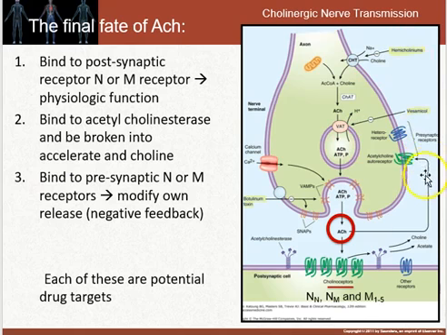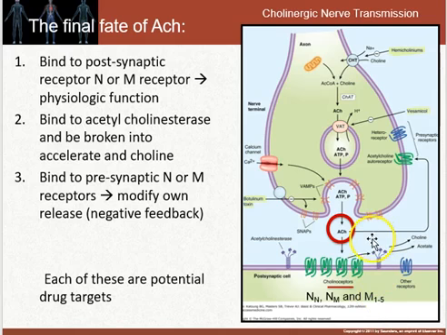All right, and this is basically depicting what I showed you. There are a few drug targets here that can interfere with the synthesis and some of the biochemistry of acetylcholine. We're not going to talk a lot about these types of drugs. We're going to focus on the drugs that have profound effects within this synapse right here. These drugs would either potentiate or antagonize the effects of acetylcholine on either nicotinic or muscarinic receptors postsynaptically.